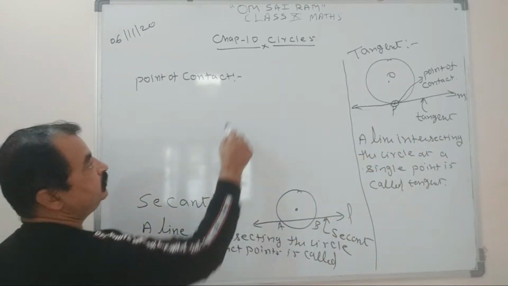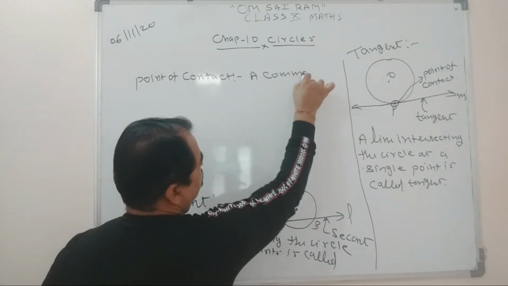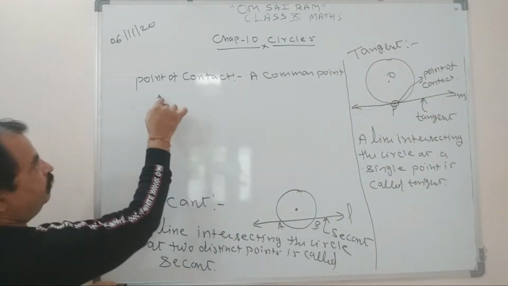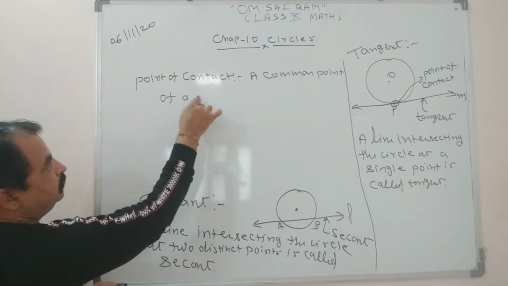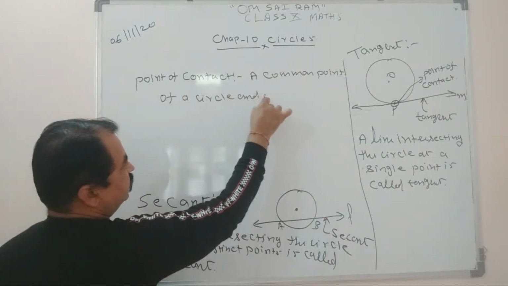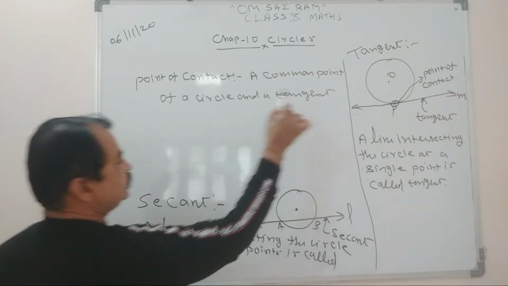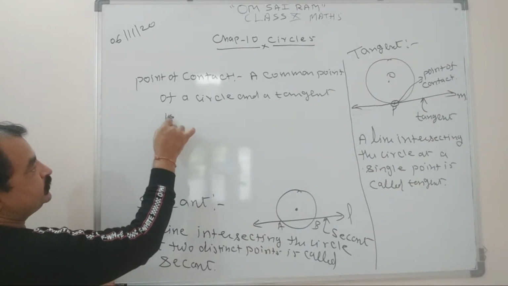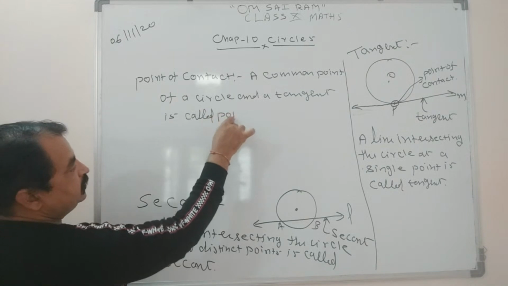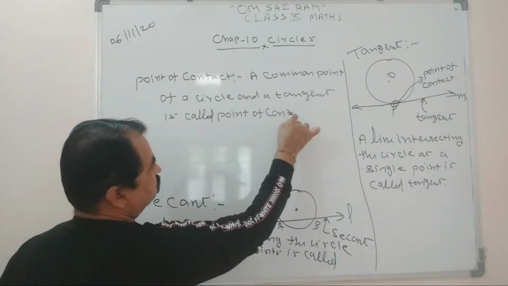A common point of a circle and a tangent, right? The common point of a circle and a tangent is called the point of contact, children. It is called the point of contact.